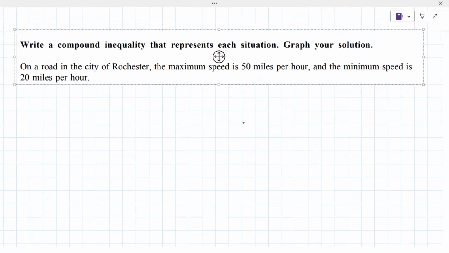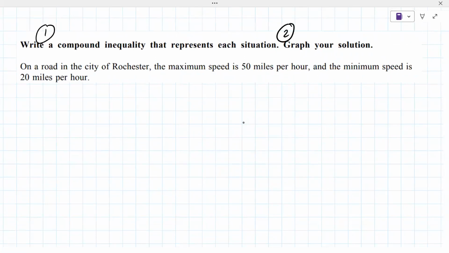You want to first write a compound inequality and then graph your solution. 20 less than or equal to x is less than or equal to 50.